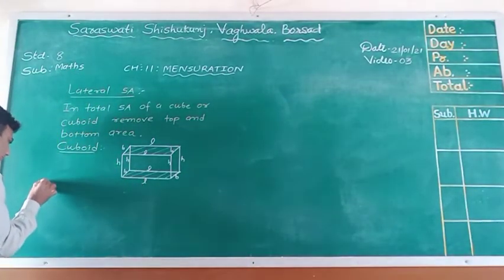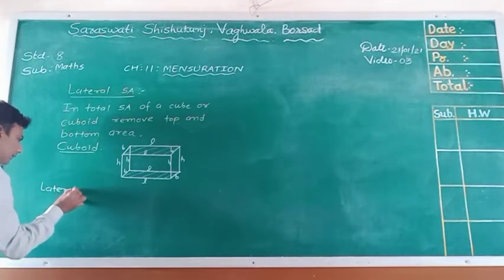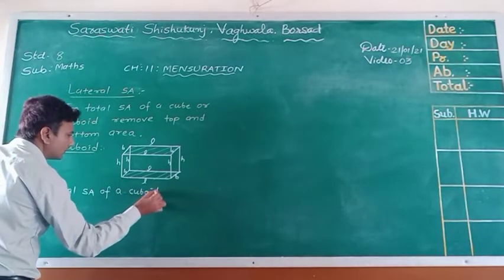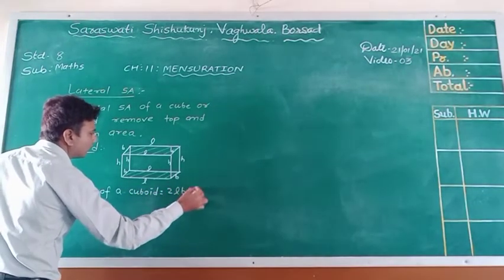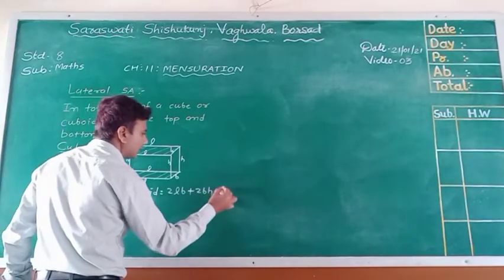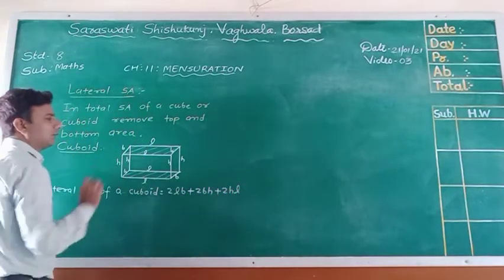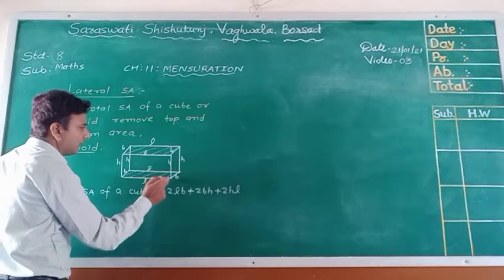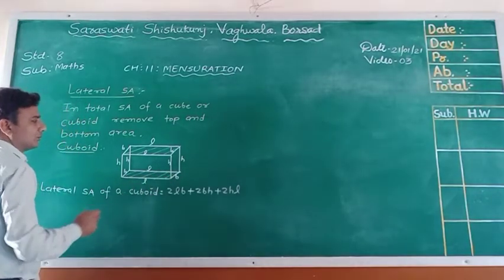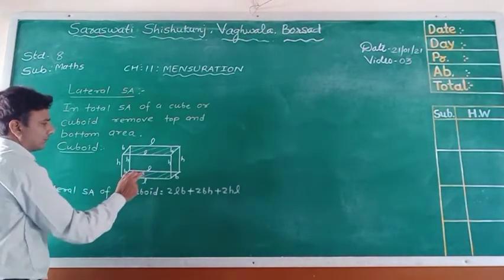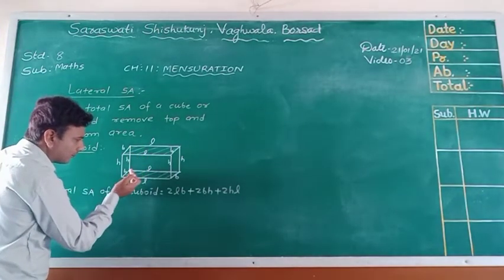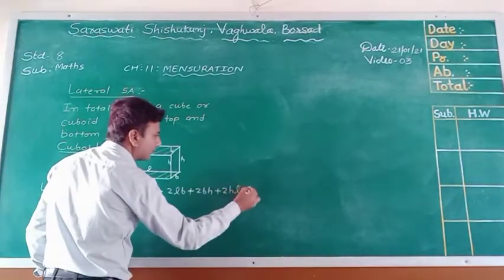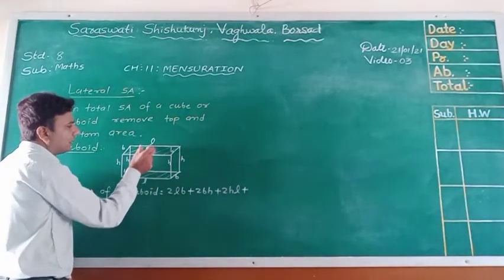So let's make our formula. The total surface area of a cuboid is 2LB plus 2BH plus 2HL. We know this formula. Now which part do we have to remove? The base and top, length into breadth, which appears two times.